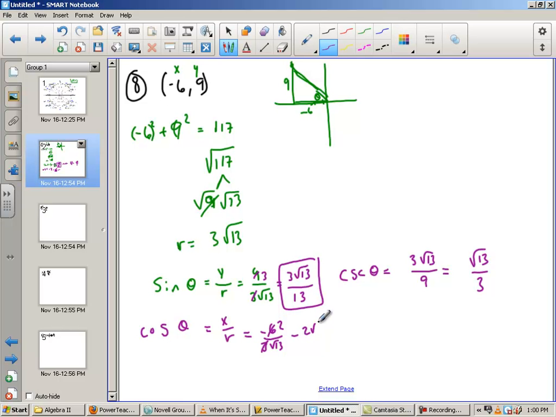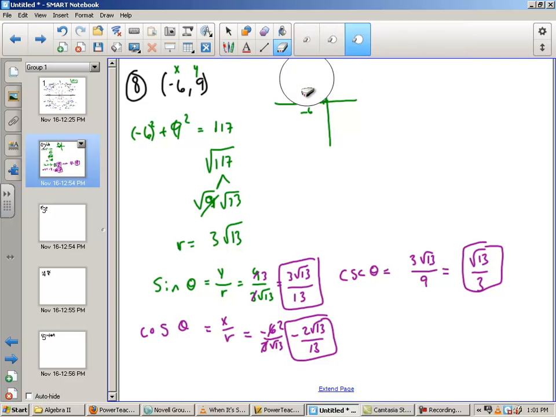So I will get -2 root 13 over 13. Pretty good so far. The small change has just been in the relabeling of these so that I didn't have to draw this triangle, because all this can be done without thinking about that triangle.